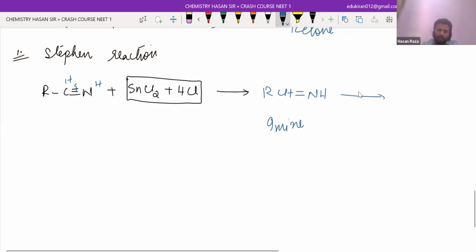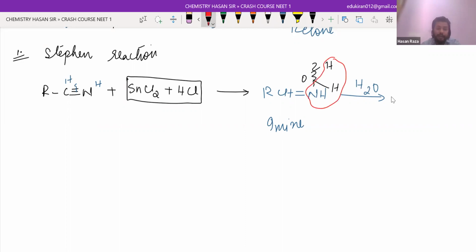And after this, you are going to do the hydrolysis. Hydrolysis has two parts. You know that water has H and OH, so I'm going to write it like this, and this will be broken. And this hydrogen, as you can see, will be added with this, which makes NH3, and it will be the byproduct, and it will be converted into aldehyde.